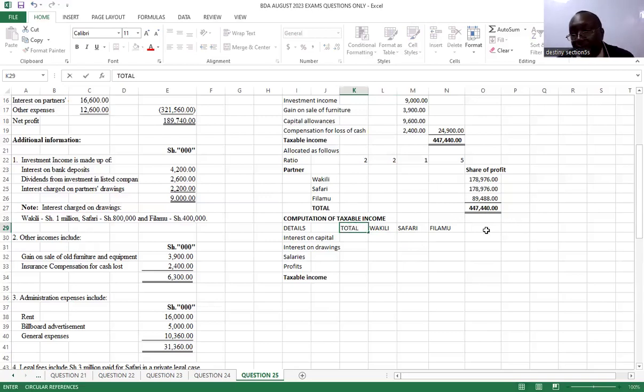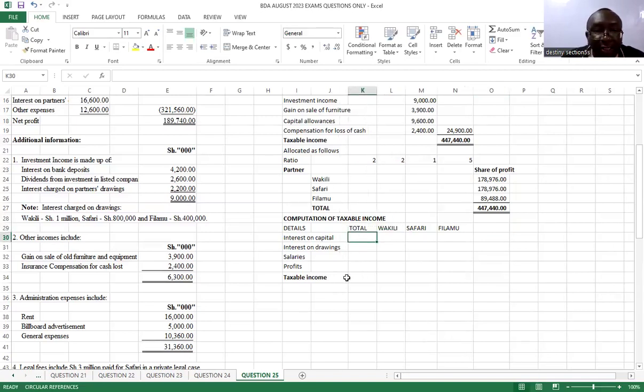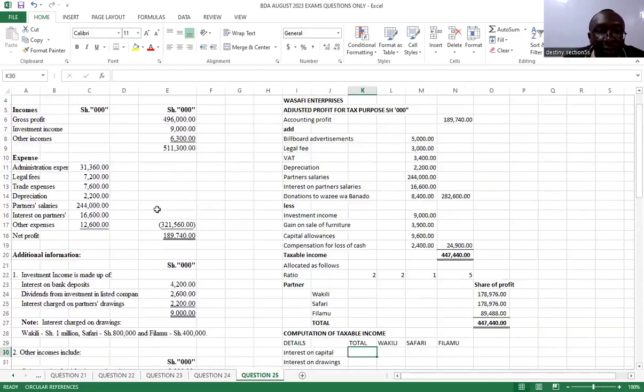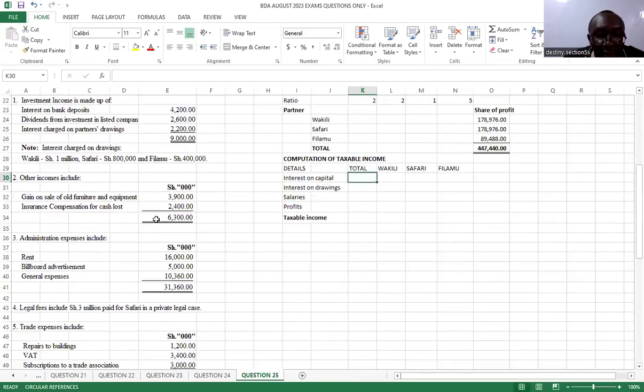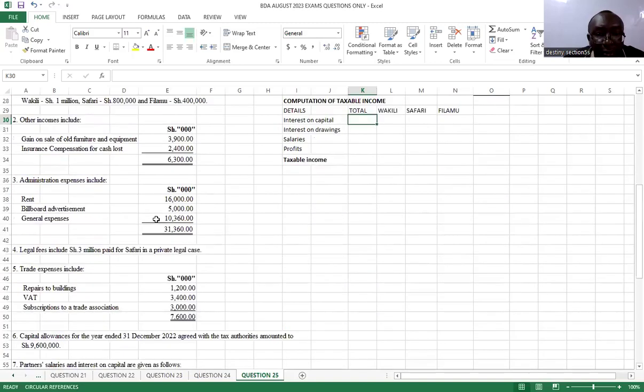Or you can just put it here, either way, wherever you prefer, no harm. So for the interest on capital, it is mentioned somewhere.